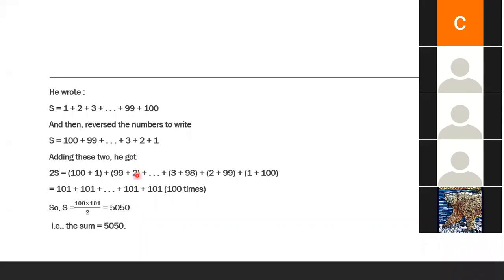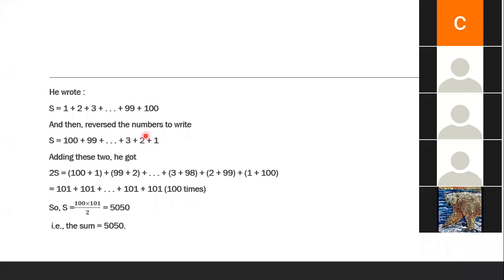The sum of the first 100 natural numbers is 5050. Once again I'll repeat. Here I'm taking an example to find the sum of the first 100 terms of natural numbers. Natural numbers start from 1, right? So 1 plus 2 plus 3 up to 100. I'm reversing this one: 100 plus 99 and so on, up to the least number 1.